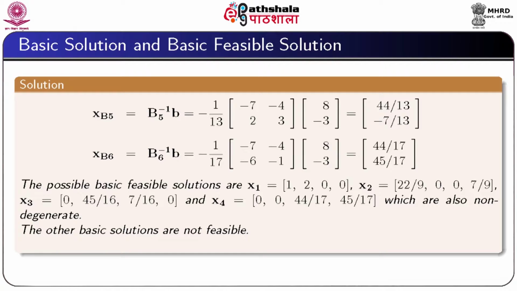Therefore, the possible basic feasible solutions are x1 = (1, 2, 0, 0), x2 = (22/9, 0, 0, 7/9), x3 = (0, 45/16, 7/16, 0) and x4 = (0, 0, 44/17, 45/17), which are also non-degenerate because none of the basic variables is 0. The other basic solutions are not feasible.